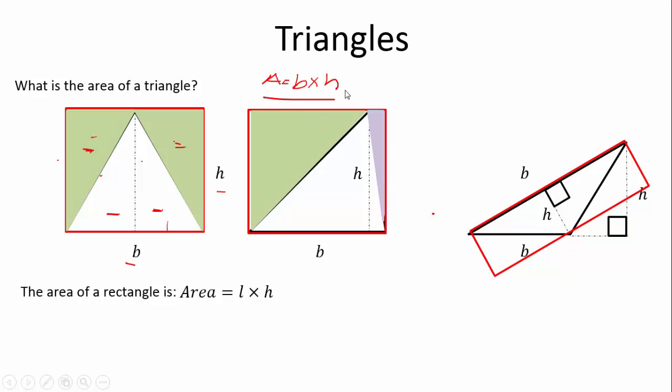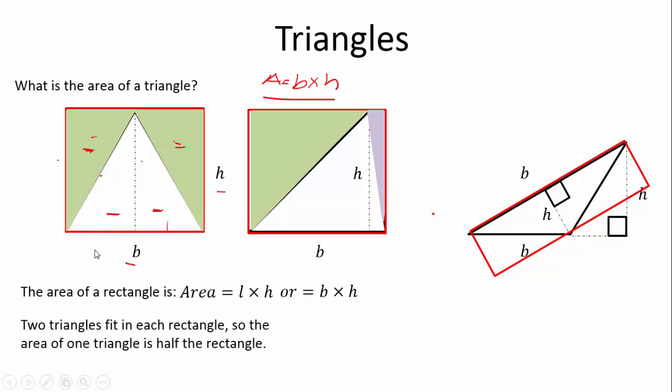We know that, that's base times height, length times height, or base times height. Two triangles fit into each of these rectangles, so the area of a triangle is half of the rectangle, and that's how easy it is. The area of a triangle is half the area of that rectangle it makes. It's half base times height.